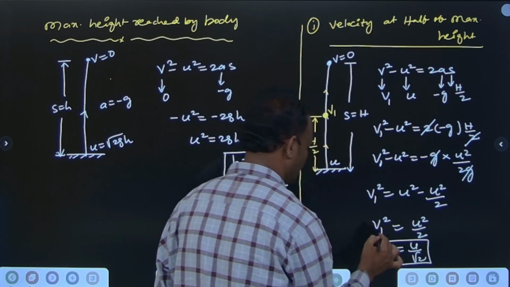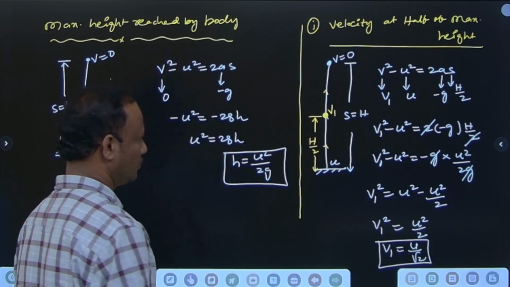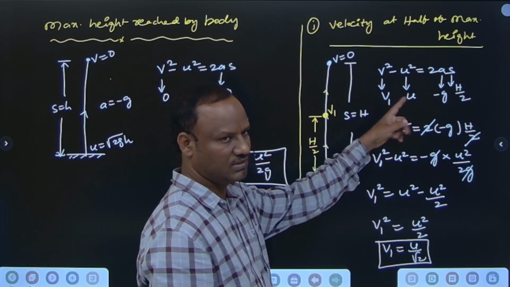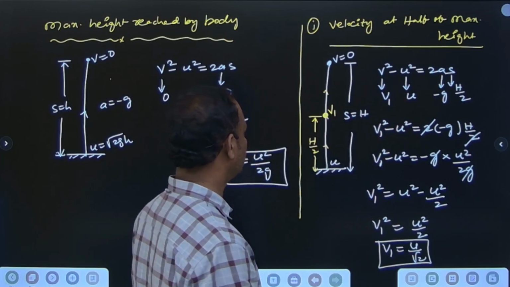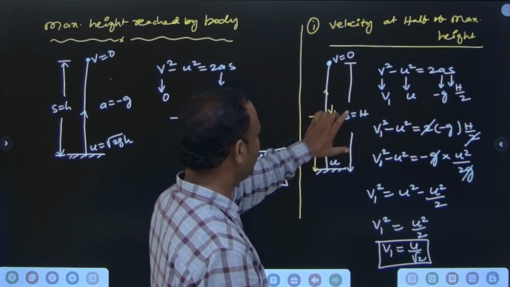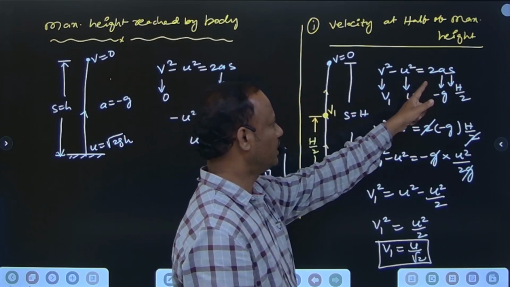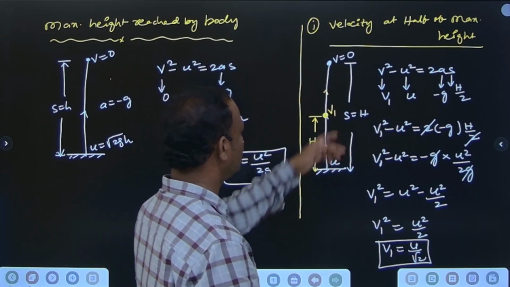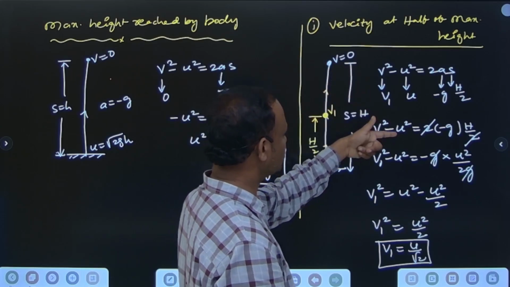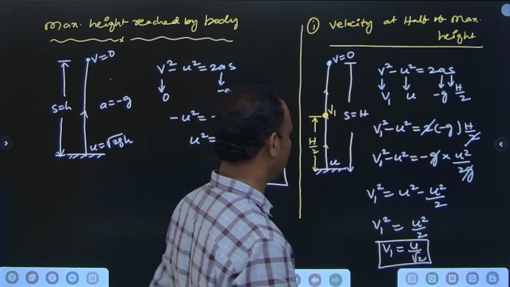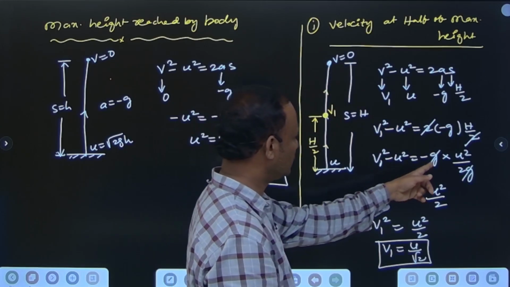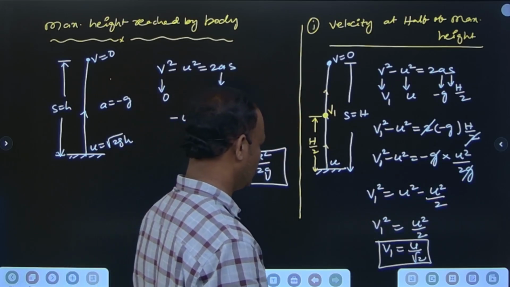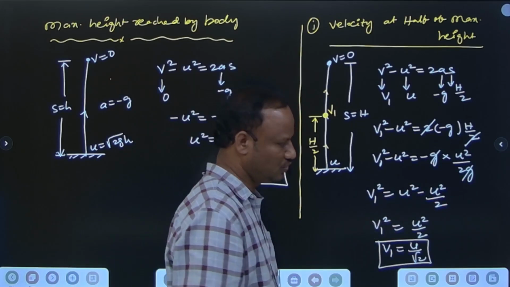So the velocity at half of maximum height is u by root 2. Just to check again: v1 square minus u square equals 2 times minus g times h by 2, and with h equals u square by 2g, v1 equals u by root 2.